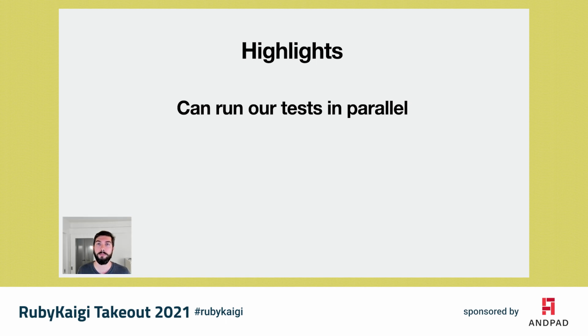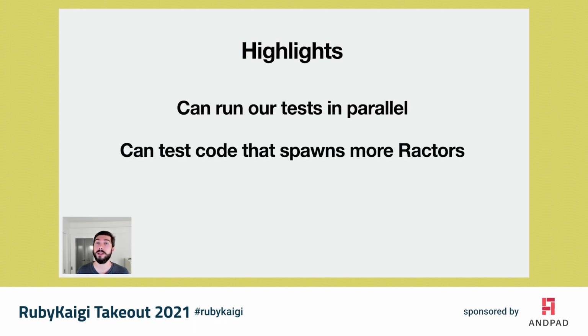It can run our tests in parallel, which was our primary objective, and it can test code that spawns more Ractors. So we spawn a pool of workers, but what if the application that we're testing also creates more Ractors? That is completely fine. Thanks to the actor pattern, we can create as many Ractors as we want, and as soon as there's a CPU available to pick it up, it's going to do the work for us.